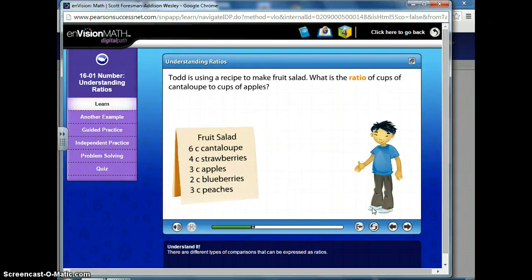Todd is using a recipe to make fruit salad. What is the ratio of cups of cantaloupe to cups of apples? So 6 cups of cantaloupe and 3 cups of apples. We have to look at what they want us to compare. Cantaloupe to apples. That means cantaloupe has to come first because they listed it first. So the ratio will be 6 cups to 3 cups. 6 to 3.